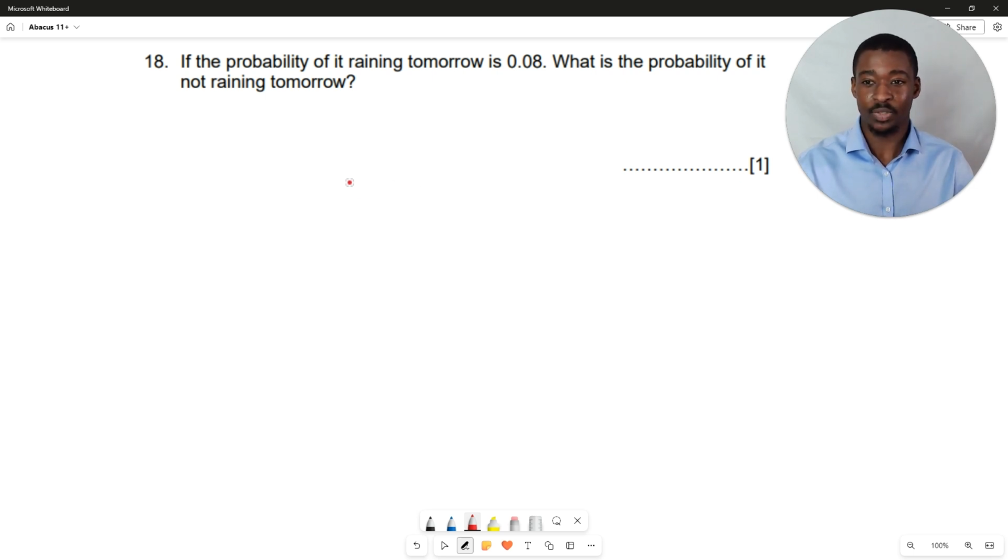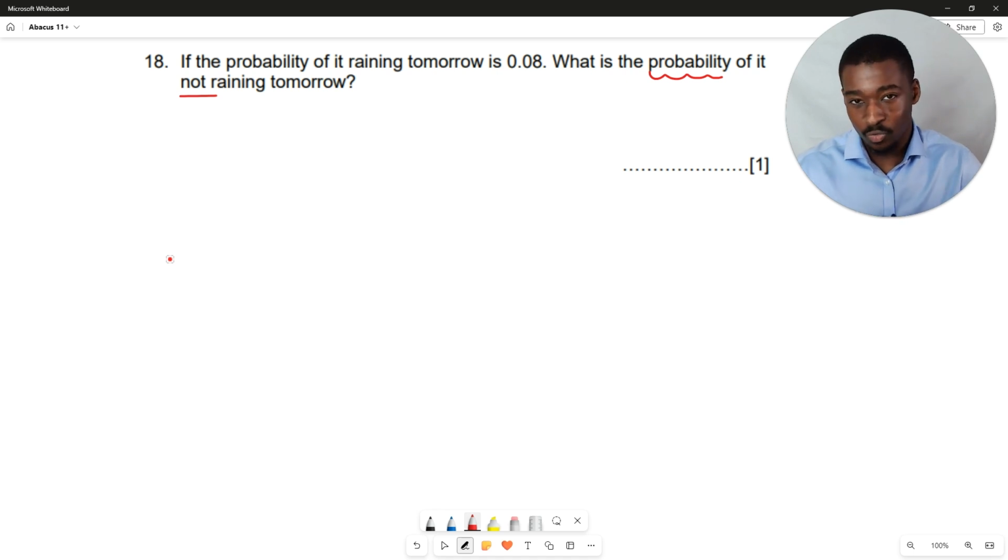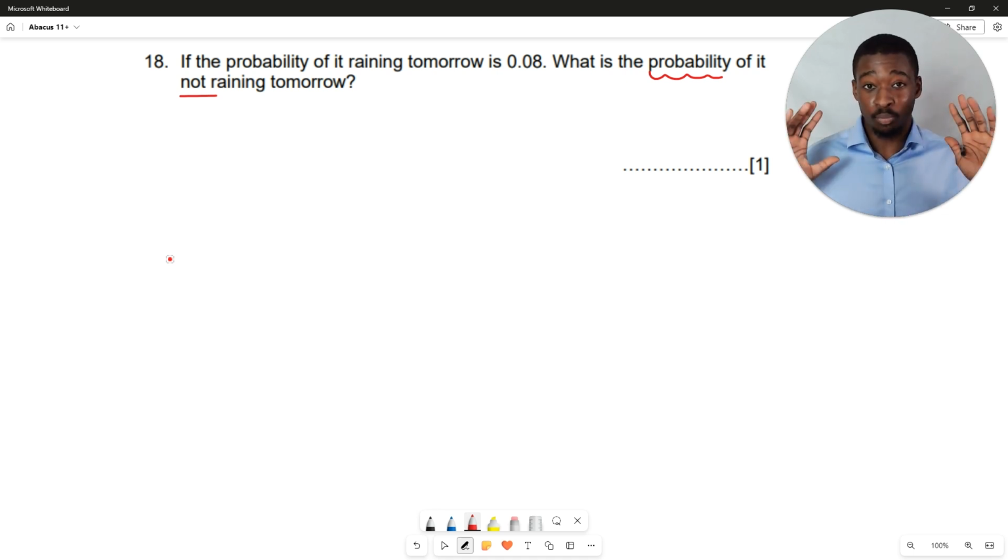Okay, so for question 18, if the probability of it raining tomorrow is 0.08, what is the probability of it not raining? So whenever we see probability and we see not, we have to think a certain kind of way. And the reason is because in the world of probabilities, the maximum probability we can get is 1.